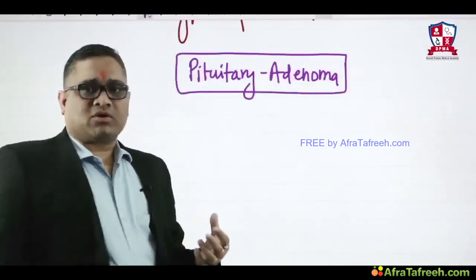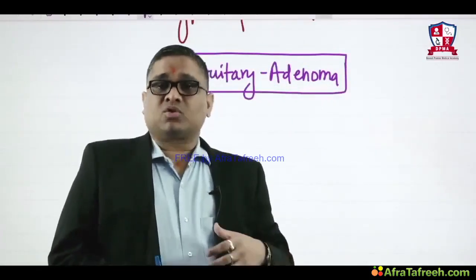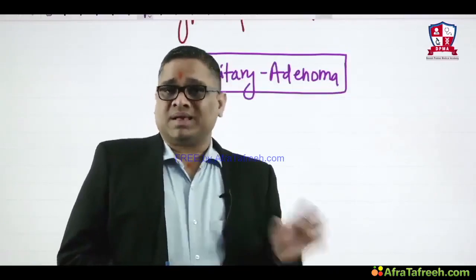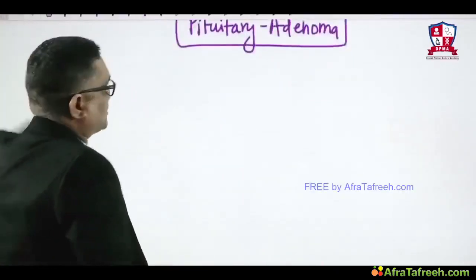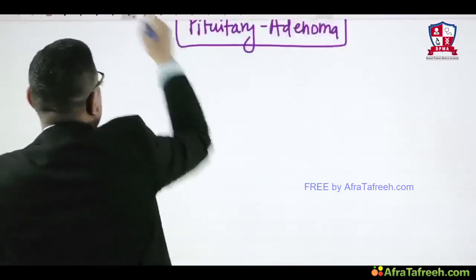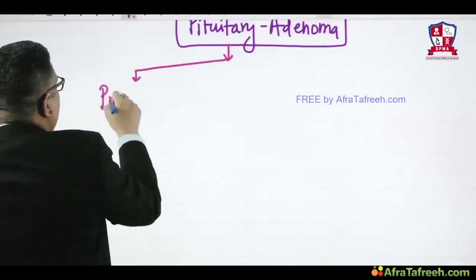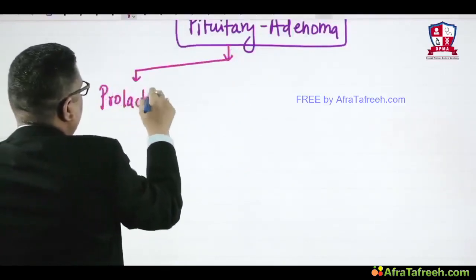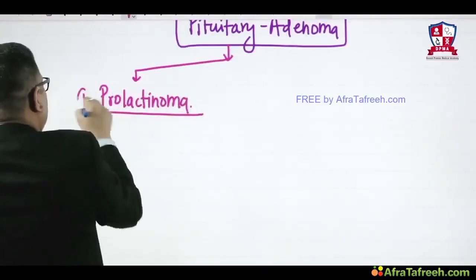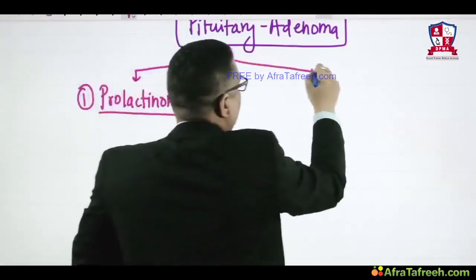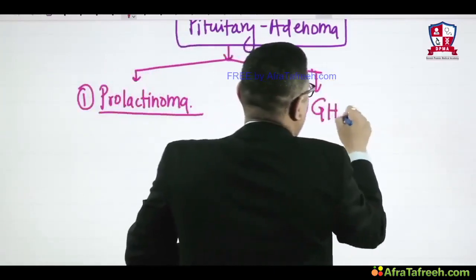What are the pituitary adenoma components? They will be having prolactinoma, growth hormone adenoma, and ACTH adenoma. So there are three types of pituitary adenoma. Number one, prolactinoma. Then the second one is growth hormone adenoma.